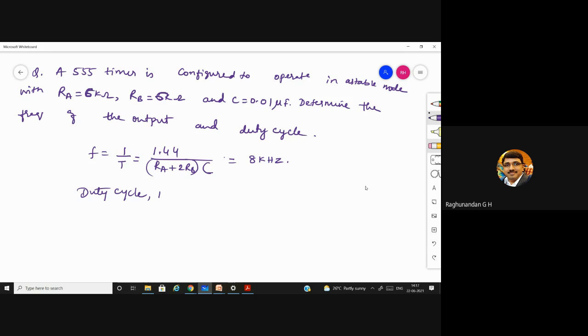Now the duty cycle: RA plus RB divided by RA plus 2RB. Yes, tell me the answer for this.